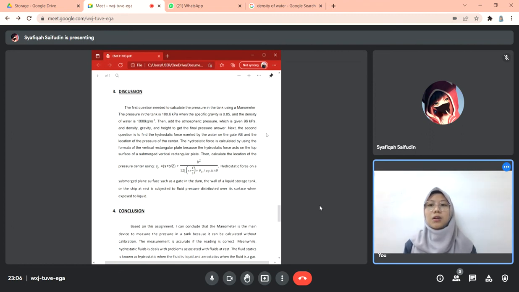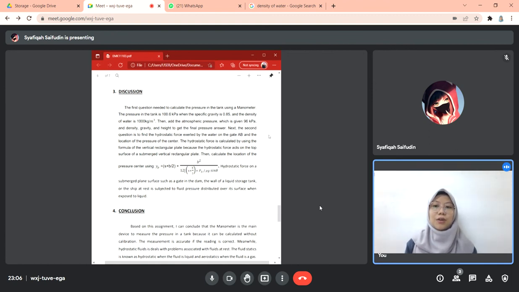Hydrostatic force on a submerged plane surface, such as a gate in the dam, the wall of the liquid storage tank, or the ship, is subjected to fluid pressure distributed over its surface when exposed to liquid.